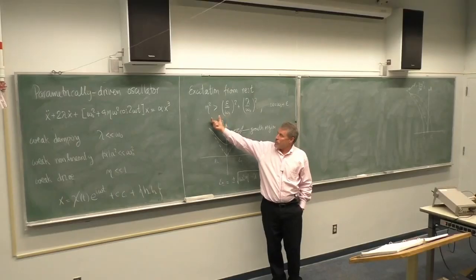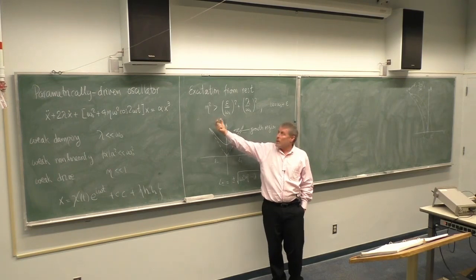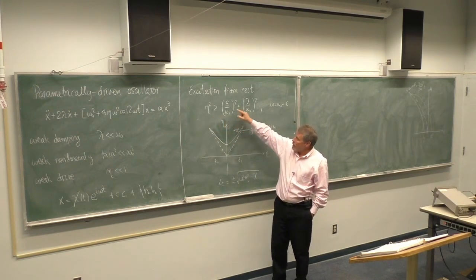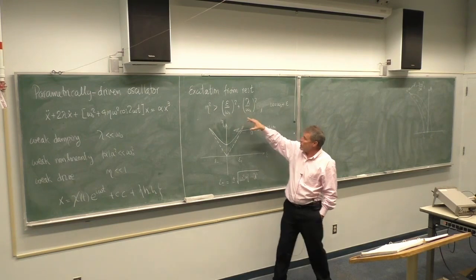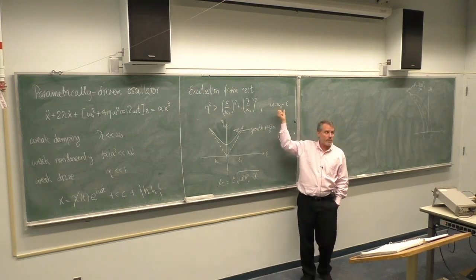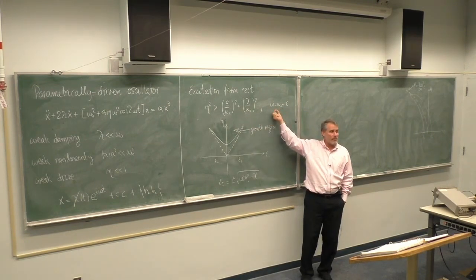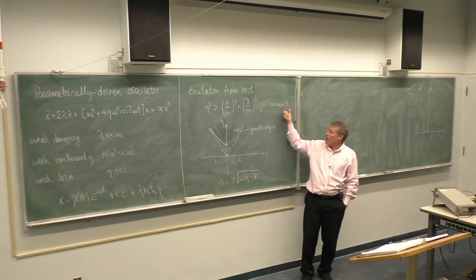The drive amplitude, which is weak, a small quantity, has to be greater than epsilon over omega naught squared, where epsilon is the difference between half of the frequency of the drive and the natural frequency of the oscillator, and that difference is itself small.